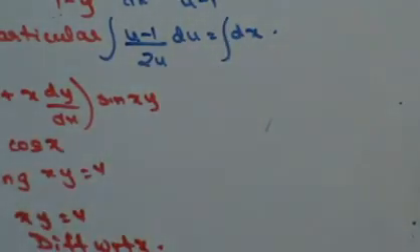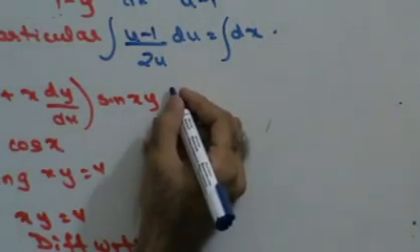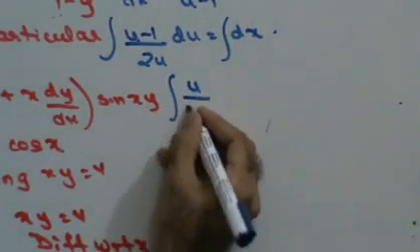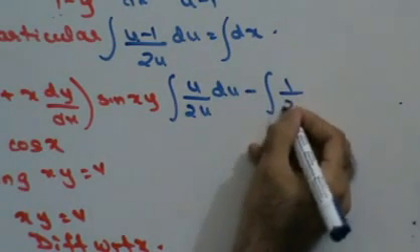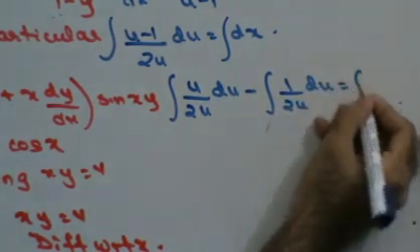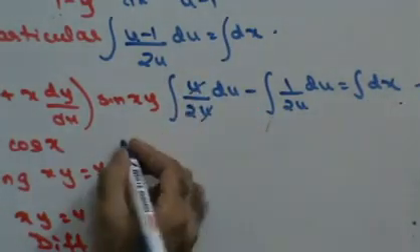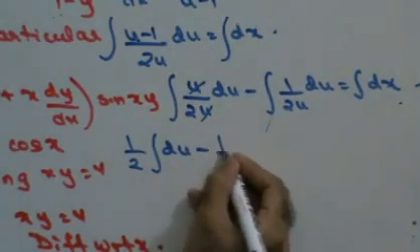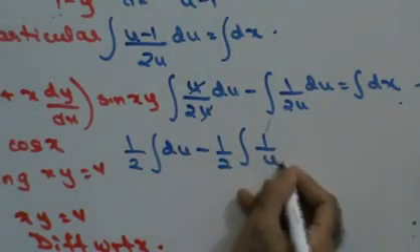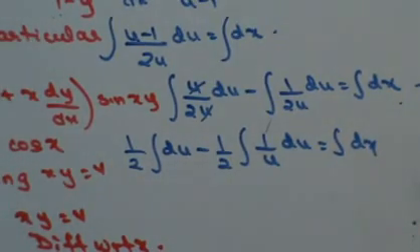Integrate, right? If I integrate, in that case I will get, split the numerator. So this will be integral of u upon 2u du minus integral of 1 upon 2u du is integral of dx. U and u gets cancelled, so this is 1 upon 2 integral of du minus 1 upon 2 integral of 1 upon u du is integral of dx, right?